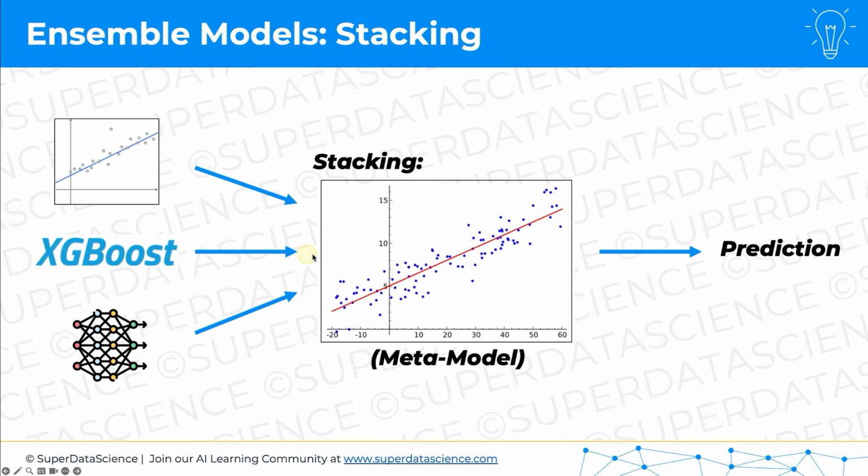Then you would take the predictions of these 3 models for that new observation, and they become inputs into the meta model, and the meta model would make an overall prediction, and that's the final result that you would use for that observation.